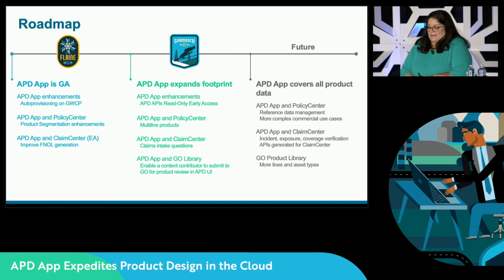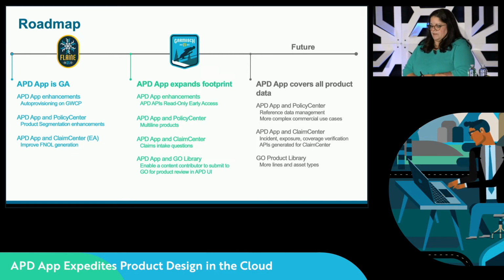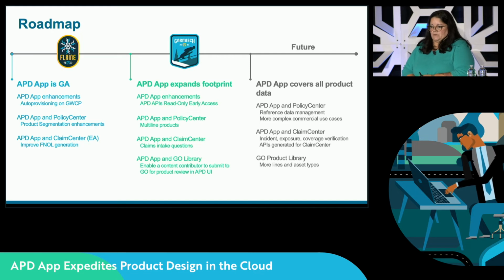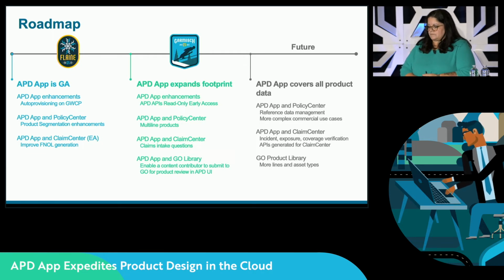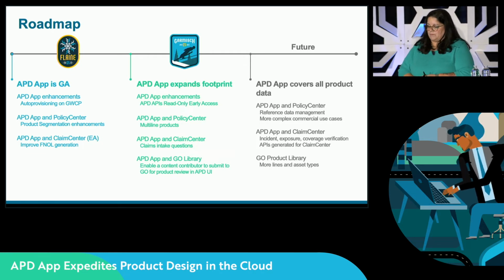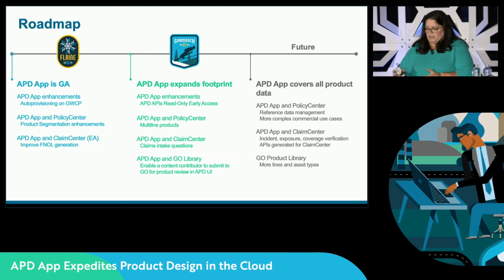We're looking to make an MVP of multi-line support in the APD app. In APD and claims, we're going to continue our journey, adding claim intake questions, incidents, and damageables. And of course, we're going to enhance the APD app in the Go library to have more content and availability to submit content through the APD UI.